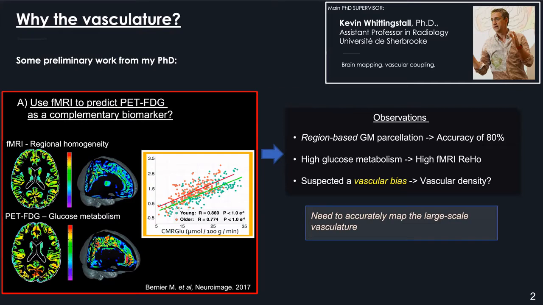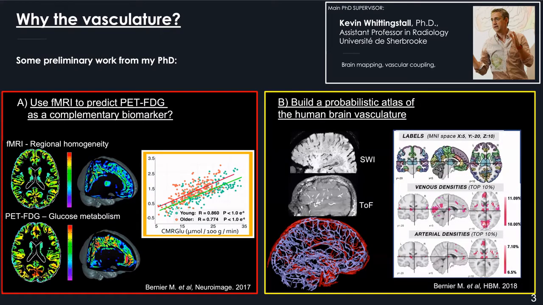And so we developed the Vascular Atlas that is publicly available on GitHub. You will see the link a few times during the presentation. It was based on 42 subjects, using SWI and time of flight at 3 Tesla. And here we computed vascular densities throughout different regions of the brain.